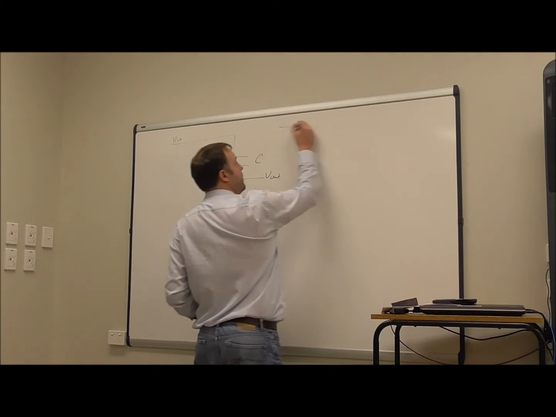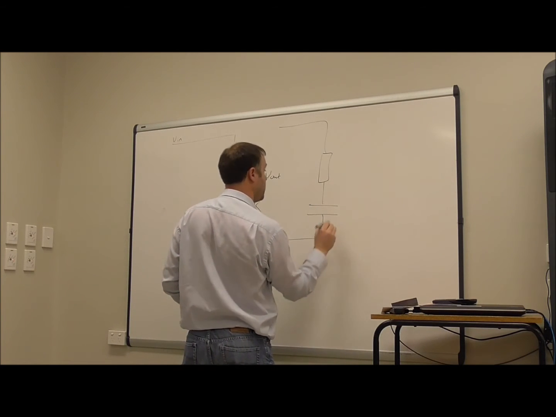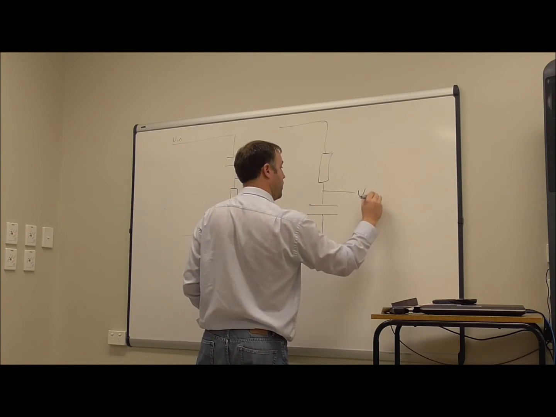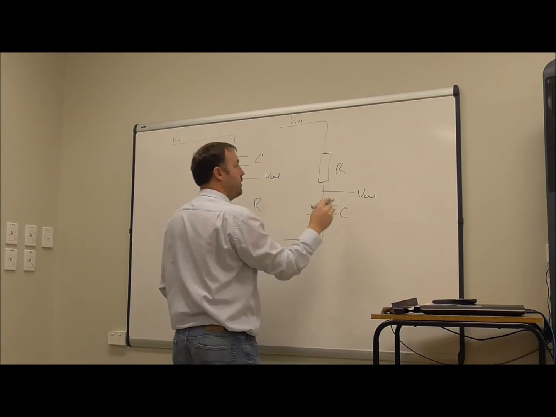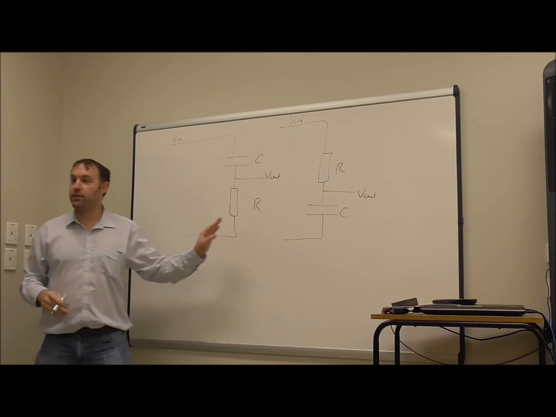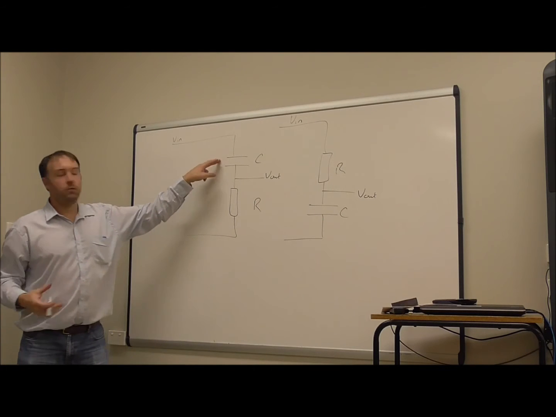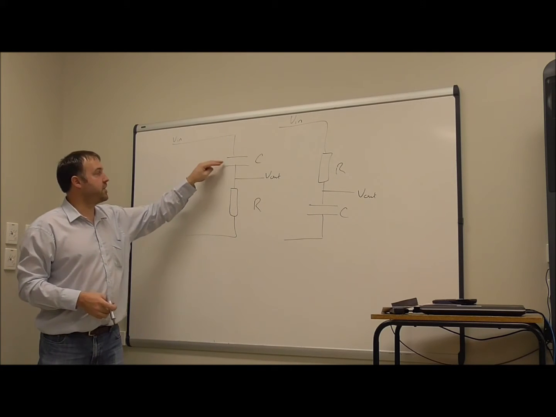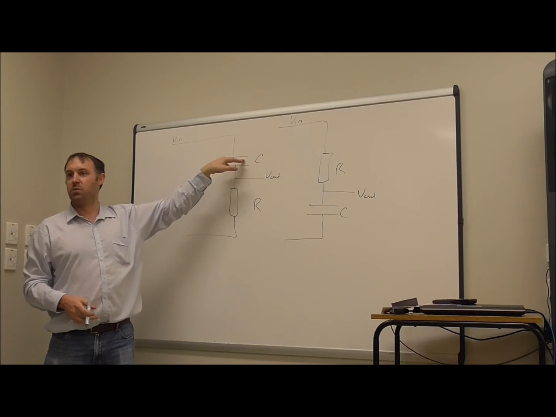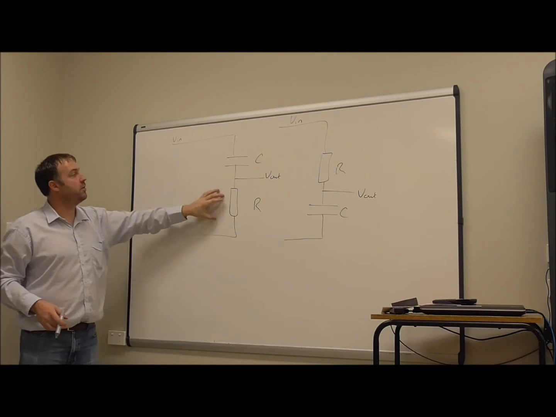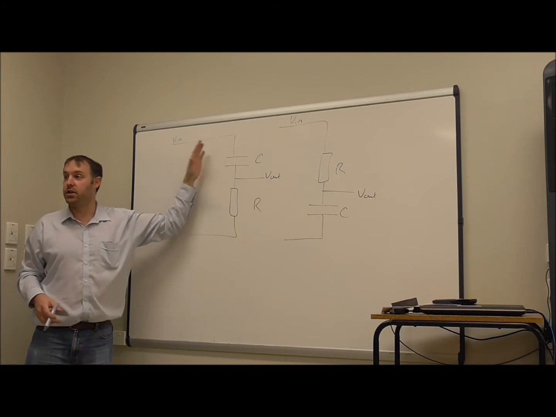Likewise, if I had a circuit like this, it's going to have a similar effect, but in the opposite sense, because remembering what we were talking about with the capacitance, as I increase the frequency, the reactance of this got smaller and smaller. So in this circuit, it has the same effect as having a resistor here that I'm decreasing in value.